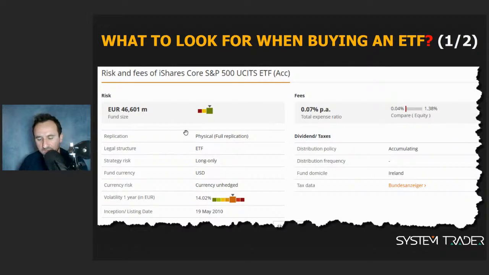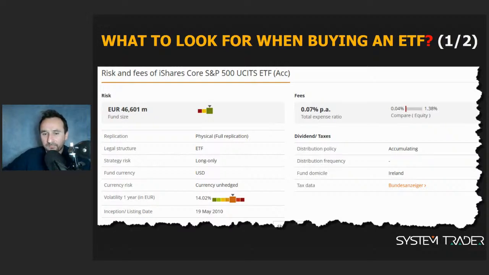Replication. If it says that it's a physical replication, that means that, and again, this is mostly in Europe, because in the United States, most ETFs are physically replicated. But in Europe, you may find that although you have an ETF for, let's say, the S&P 500, under the hood, you don't really have the equities, the stocks, the companies from the S&P 500, because it's so-called synthetic replication, doing some financial engineering magic to make it replicate the S&P 500.